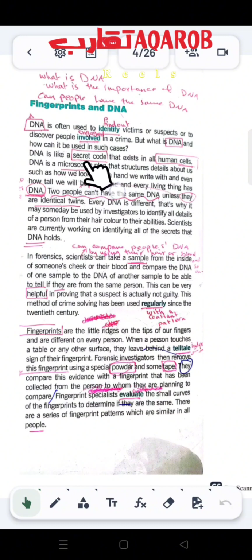And it's like a secret code that exists in all human cells. It's a microscopic plan that structures details about us, such as how we look, which hand we write with, and even how tall we will be. So DNA is like a secret code that exists in all human cells. This is the answer of the question.